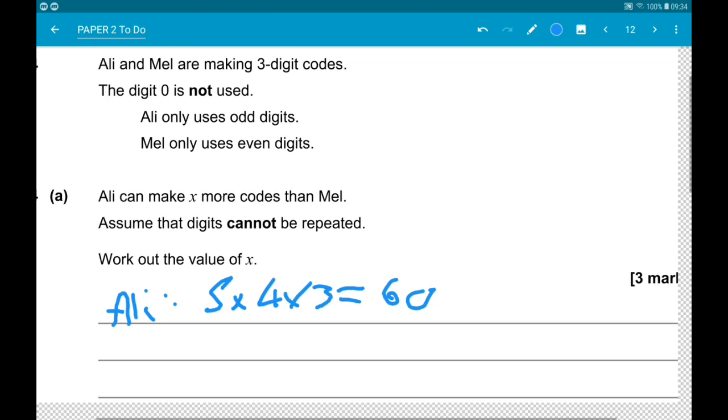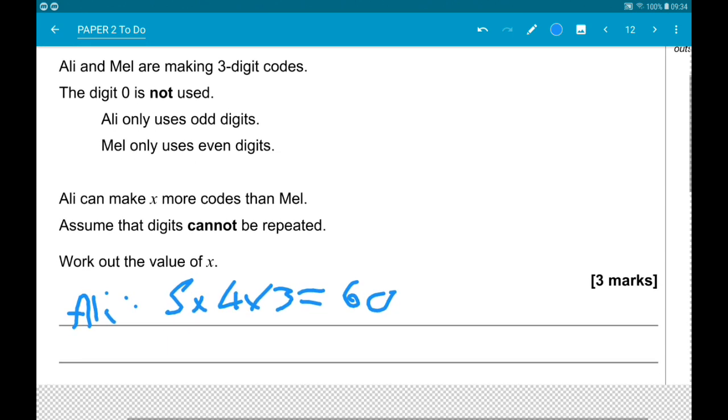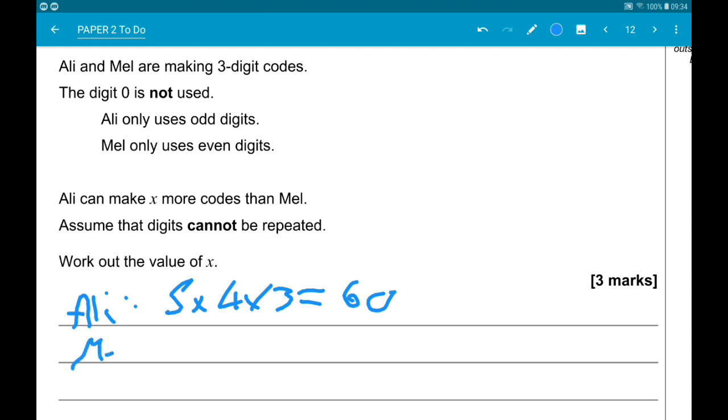Now for Mel, if we're not allowed 0, then even digits are 2, 4, 6, 8. So she only has 4 to choose from originally. So 4 for the first, 3 for the second, 2 for the third.